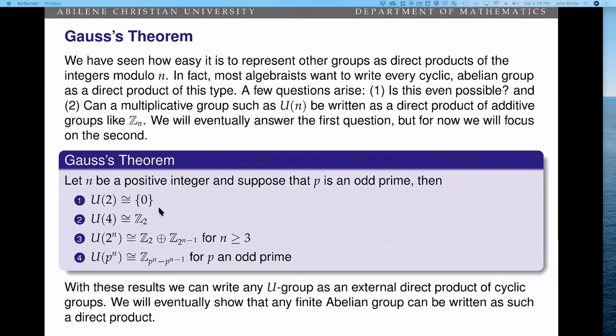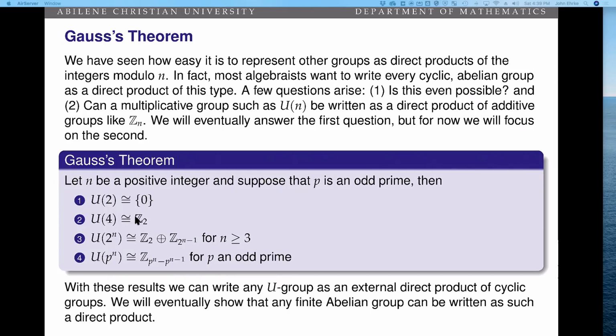So Gauss's theorem says for these individual U groups, how can we equate them isomorphically to the integers mod N? It turns out that U2 is isomorphic to the identity element, just 0, the trivial group. If you wanted to call it Z sub 0, I guess you could, but U2 is isomorphic to Z sub 0 or 0.